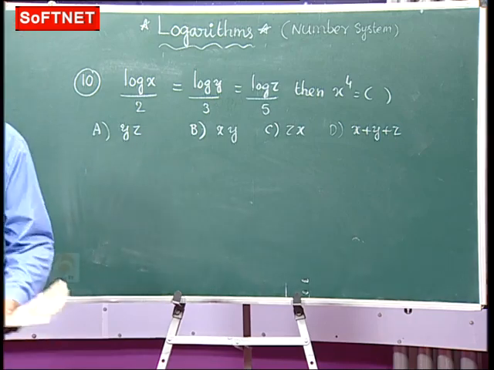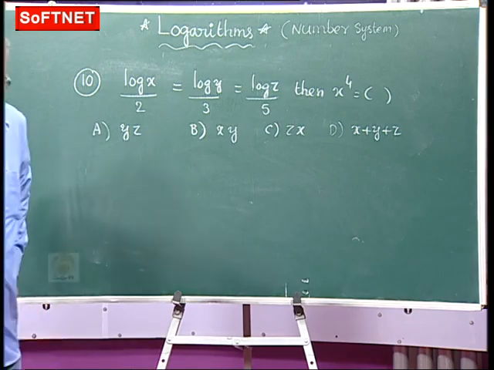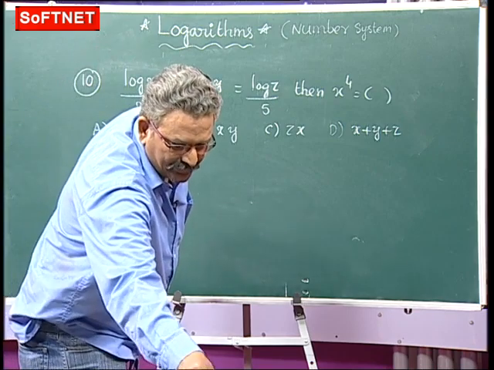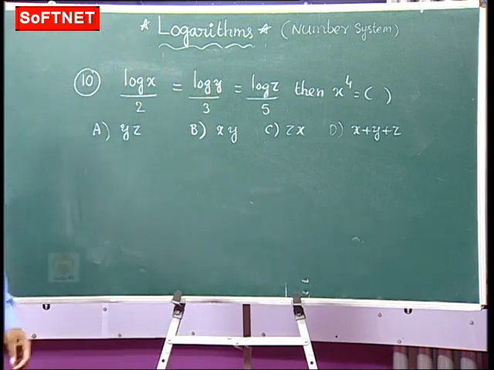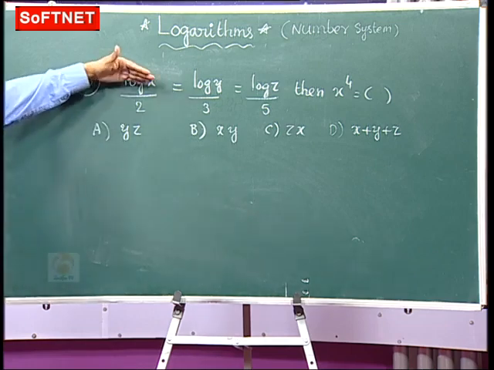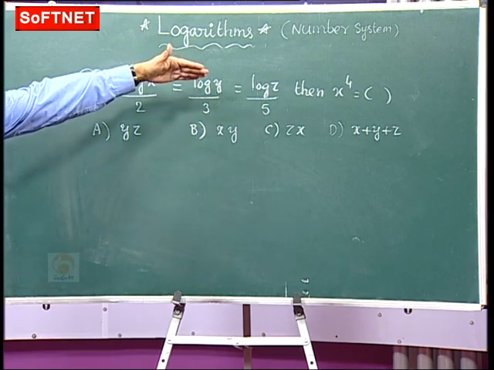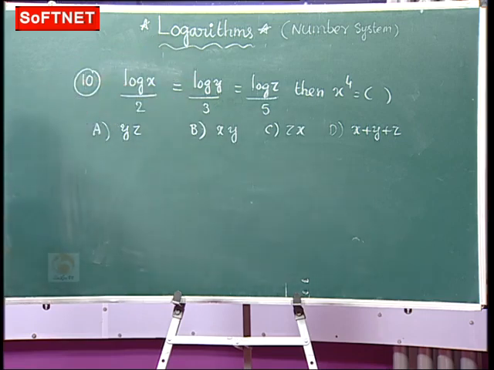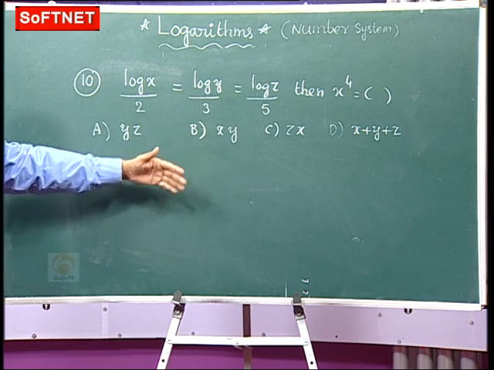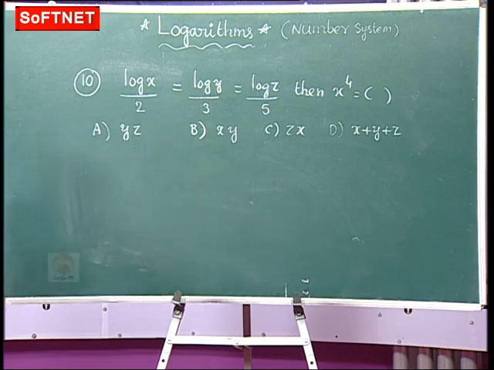Okay. So, how to solve this problem? Let us see. Log x by 2 is equal to log y by 3 is equal to log z by 5. Then x to the power of 4 in terms of yz, in terms of x and y, or in terms of zx, or in terms of x, y, z, we have to find the value.